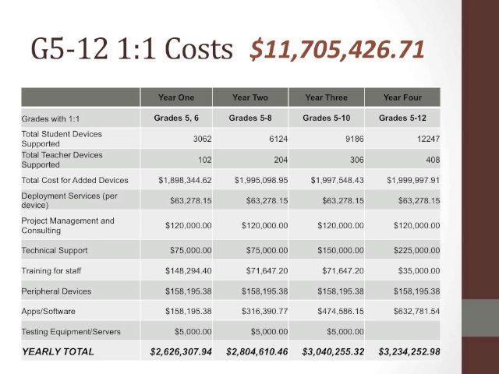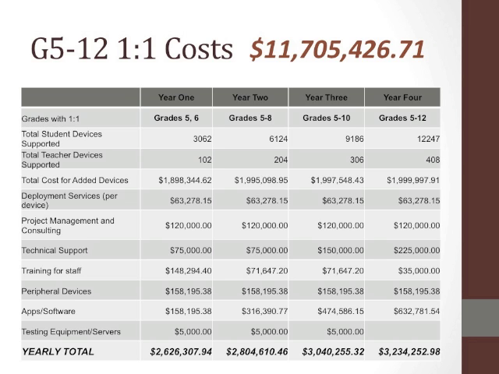So here are some basic costs associated with doing a one-to-one from grades 5 to 12. And again, these are based on assumptions where we are rolling this out year after year to a couple of grade levels, not to the whole group. In this particular example, we're again looking at a $600 tablet device of some sort. So you'll see that in year 1, we implement at grades 5 and 6.